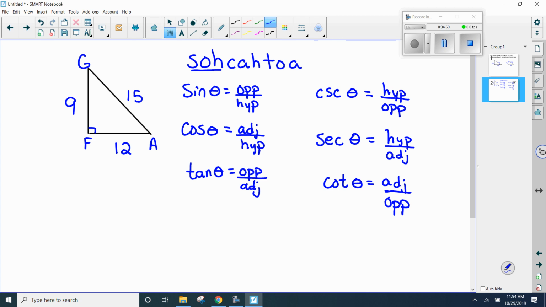Hypotenuse over adjacent is secant. Now you got to be careful. And hypotenuse over opposite is cosecant. You want the words there? This is actually spelled S-I-N-E, C-O-S-I-N-E, cosine, tangent.